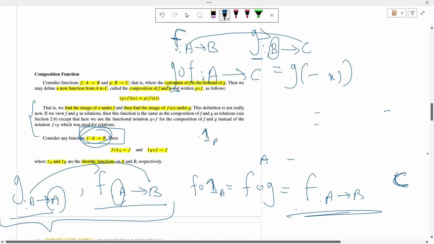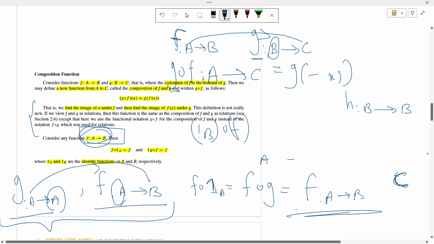Now if you look at this one, 1b means a function h from b to b. Similarly, here f is a function we already know. If I need to find 1b of f, this is one function and this is another function.